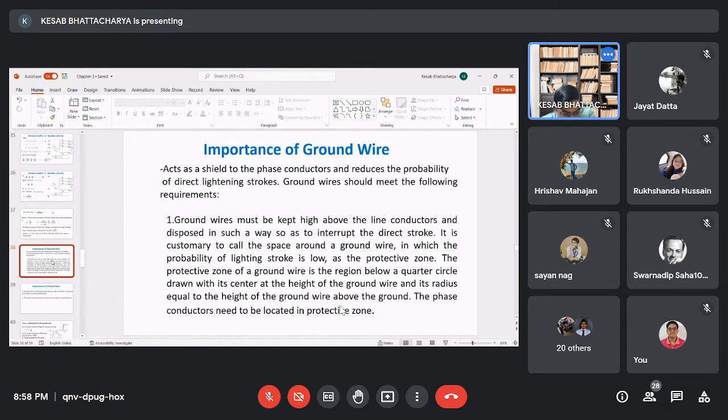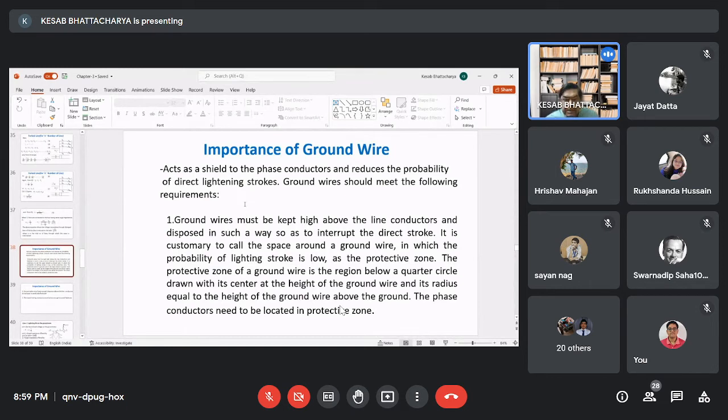Now, in a high voltage transmission system, apart from the line conductors or live conductors, at the top of the transmission tower, another conductor is allowed to run, and that conductor is maintained at ground potential, and that conductor is normally referred to as groundwire or earthwire.